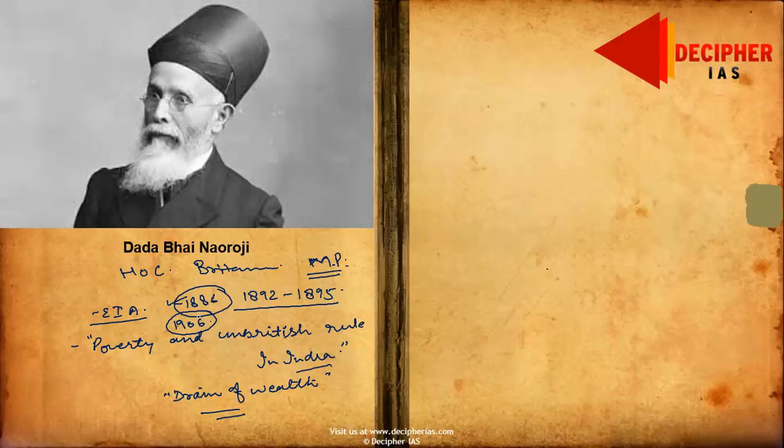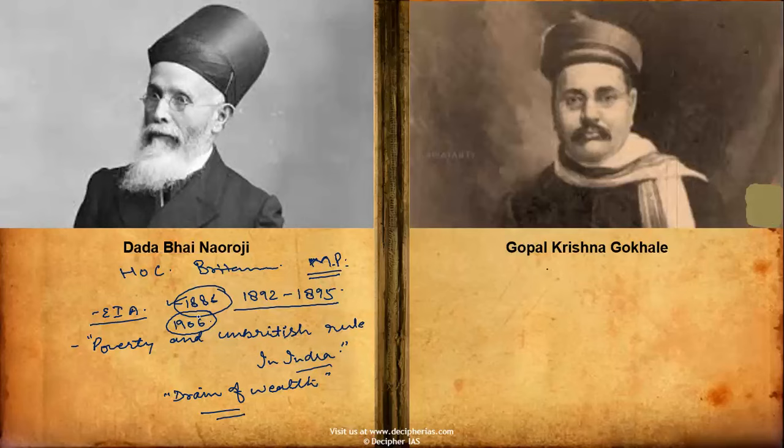Another leader in our list is Sri Gopal Krishna Gokhale. Gokhale ji became a member of the Indian National Congress in 1889 as a protege of social reformer Mahadev Govind Ranade. As I told you, he was his mentor earlier. In 1899, Gokhale ji was elected to the Bombay Legislative Council. He was elected to the Council of the Governor General of India.